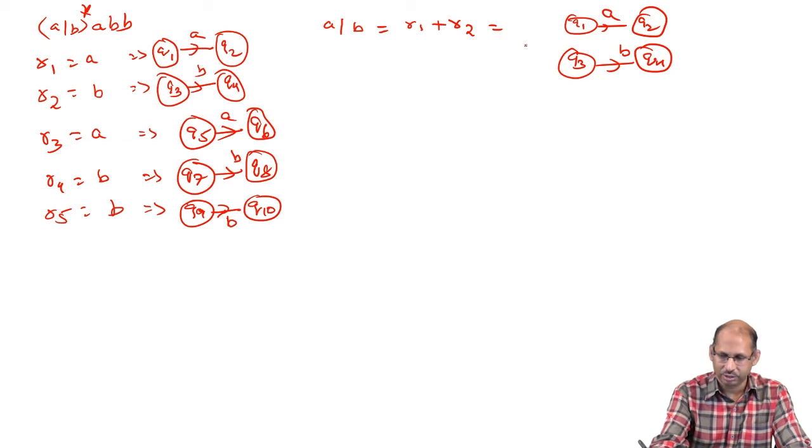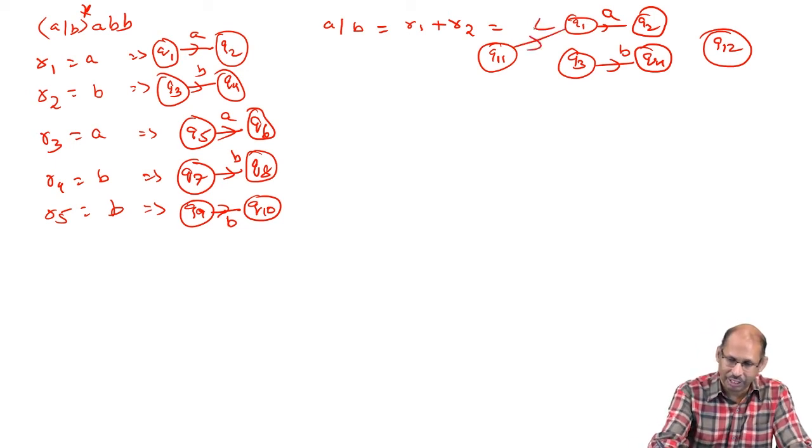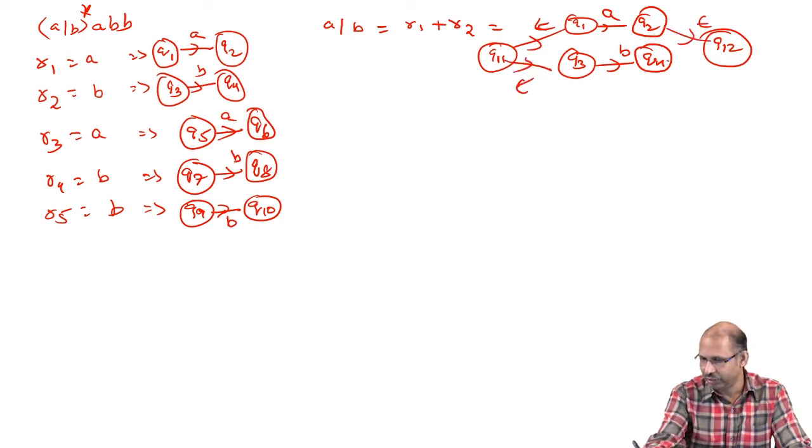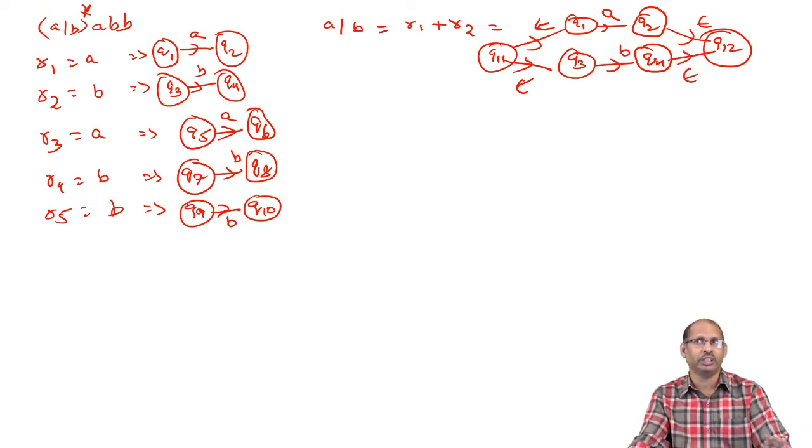So, add two more states, Q11 and Q12, as the new initial and final states of the union property. Then connect with epsilons. So Q11 on epsilon goes to Q1 and Q3, and Q2 and Q4 both on epsilon go to Q12. Now we have constructed R1 plus R2.